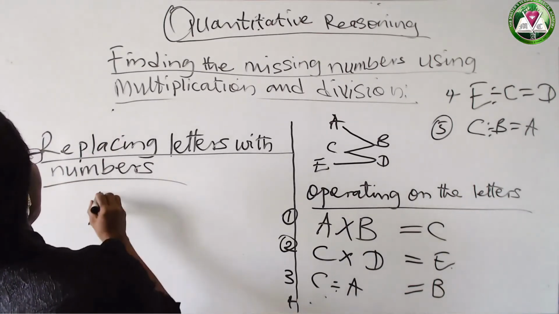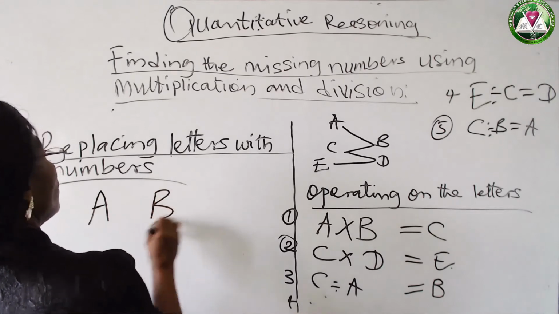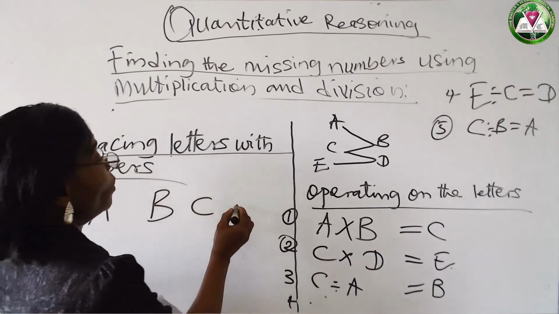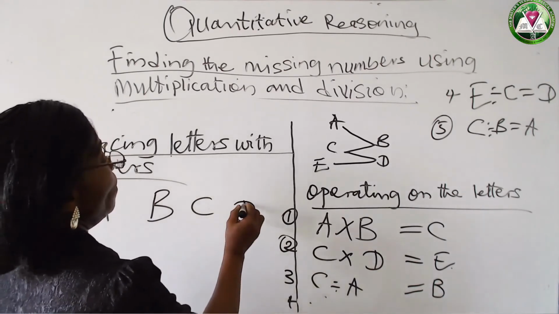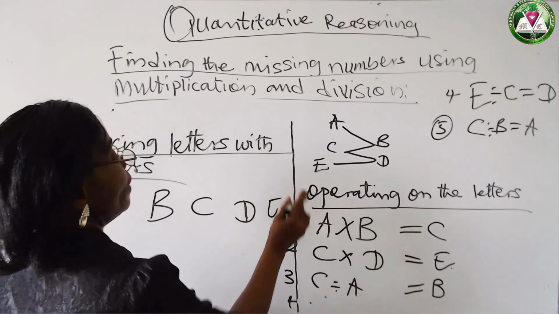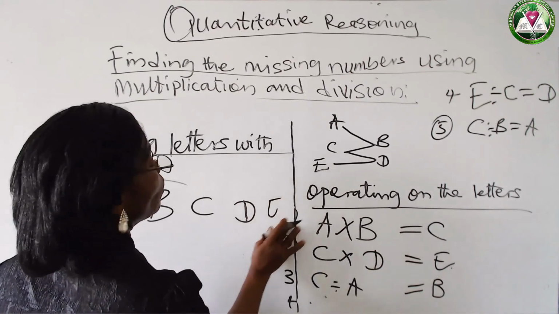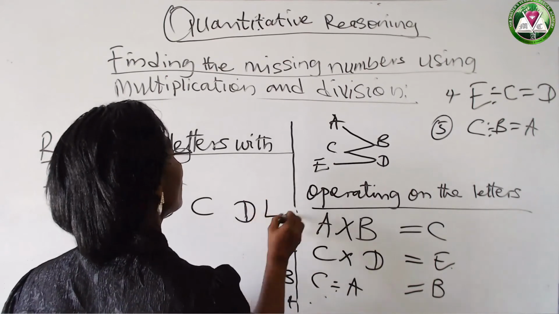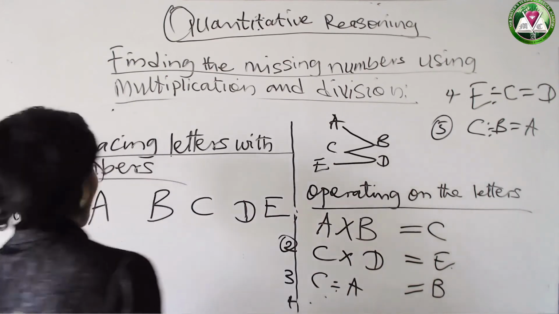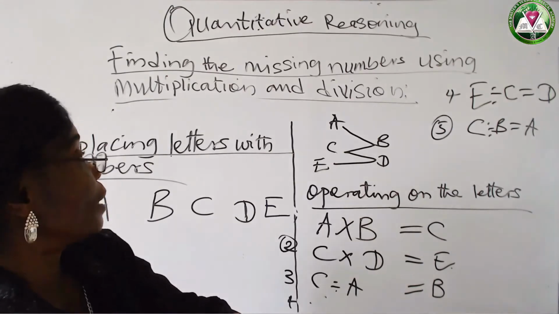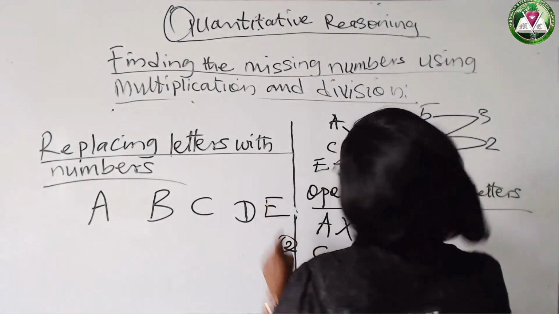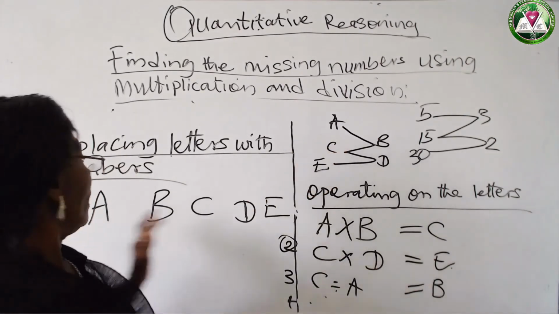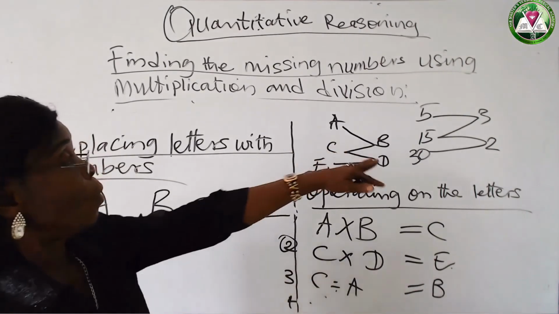Here you have A, B, C, D, and E. Now let's replace these letters with the numbers.